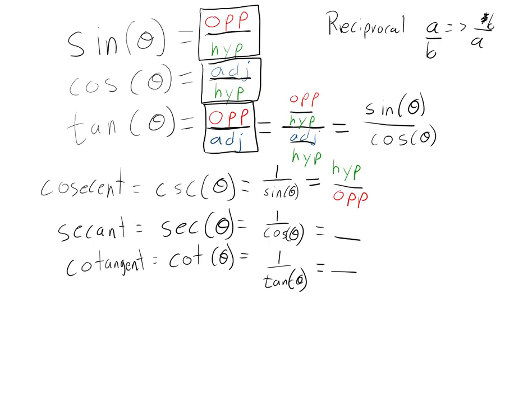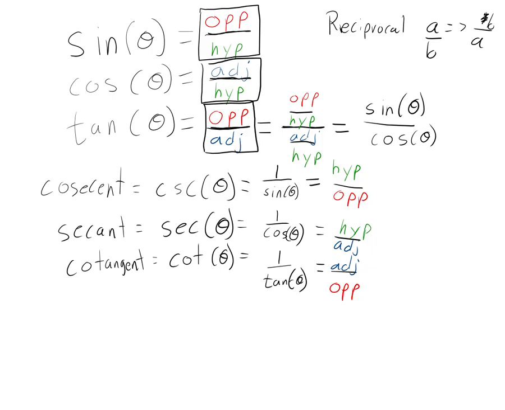Again, if we switch them over, we'll get adjacent on the bottom versus the hypotenuse on top for secant. And then when we go to cotangent, we're going to put the opposite down here, whereas the adjacent comes up.